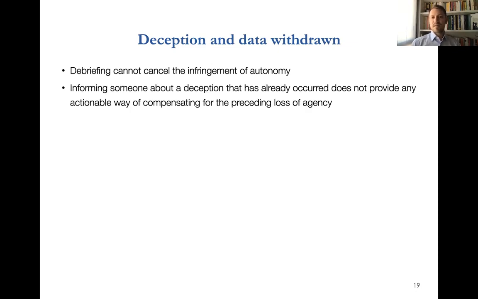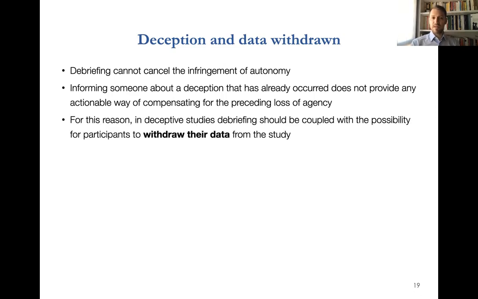Because informing someone about a deception that has already occurred does not provide any actionable way of compensating for the preceding loss of agency. So simply by telling someone that we have deceived him or her, it's not really making amends for the loss of agency that we procured through the use of strategic deception in the first place.